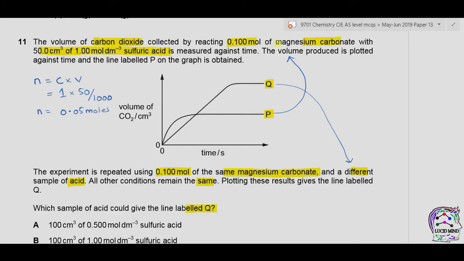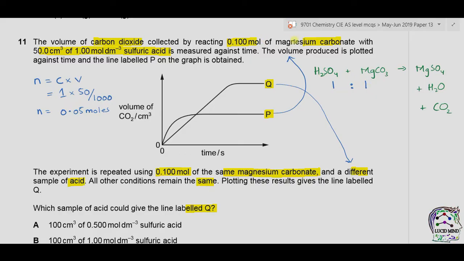Let's write the balanced equation between magnesium carbonate and sulfuric acid so we can know how many moles of reactants and products are involved. So H2SO4 plus magnesium carbonate forms magnesium sulfate along with water and carbon dioxide. As we can see, this equation is already balanced, so equal numbers of moles of reactants react together.